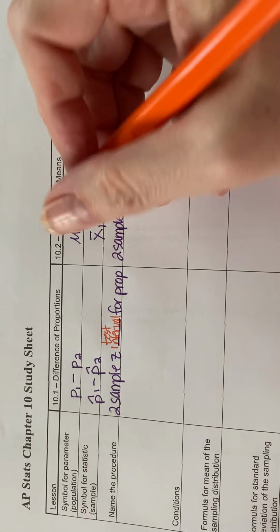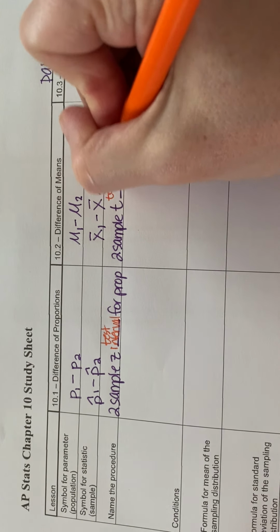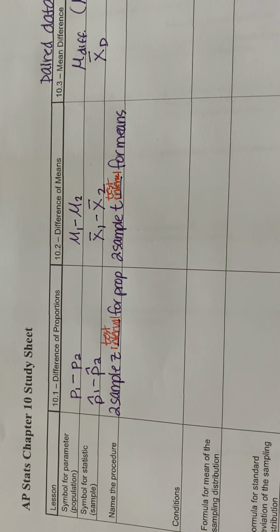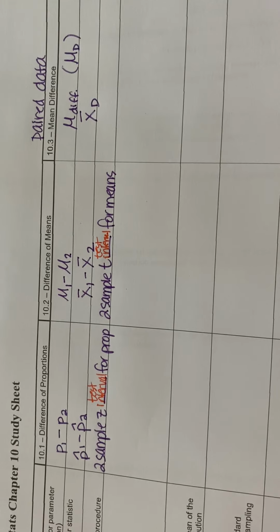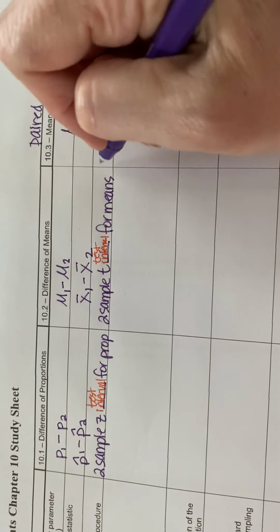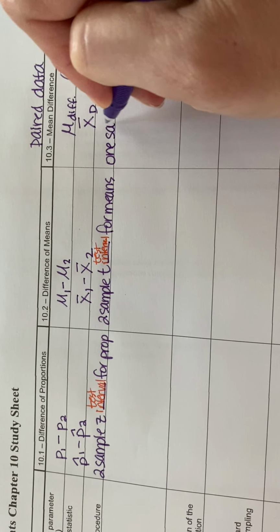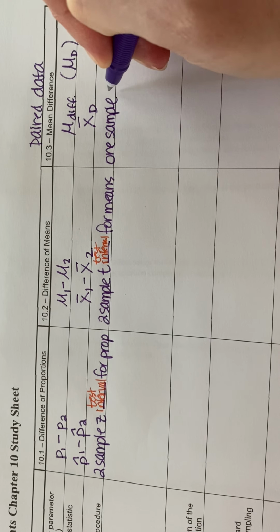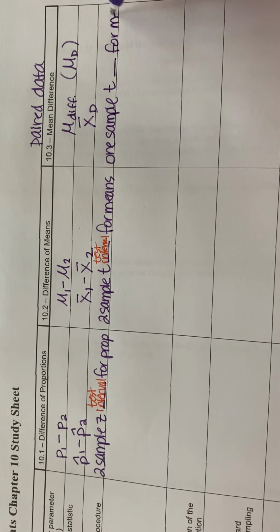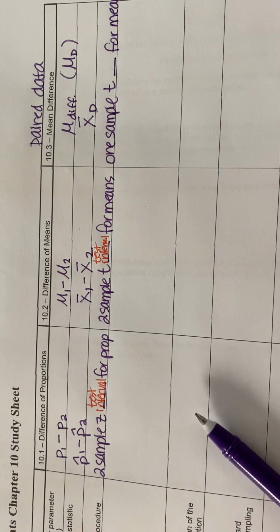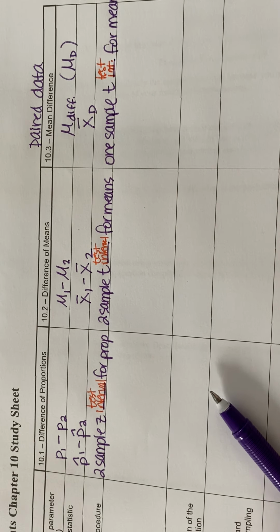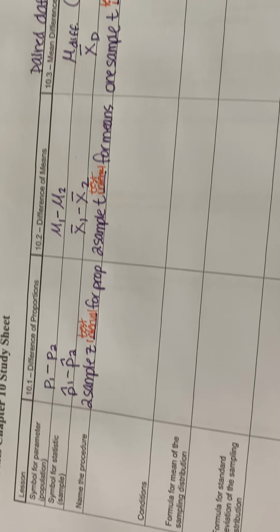So you're going to do a two sample t test or interval. And then for the name of the procedure for your paired data is a one sample t procedure for means. And again, you're going to put a test or an interval here, depending on what the question is asking you to do.